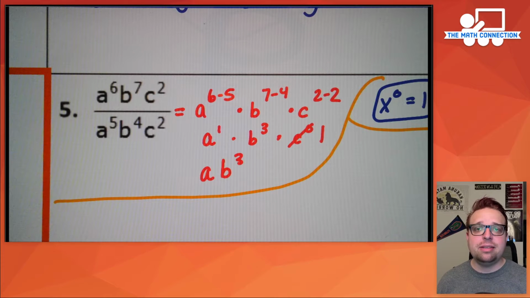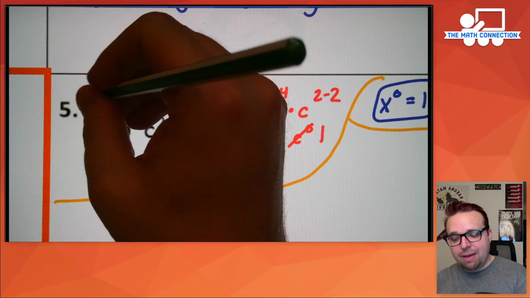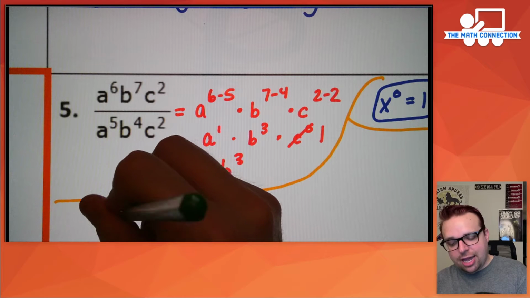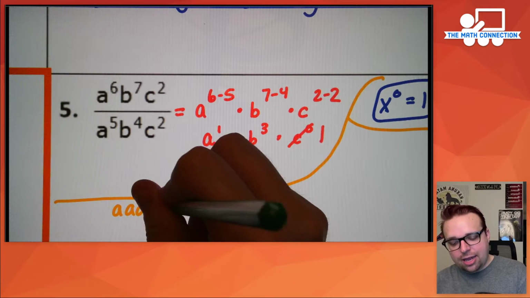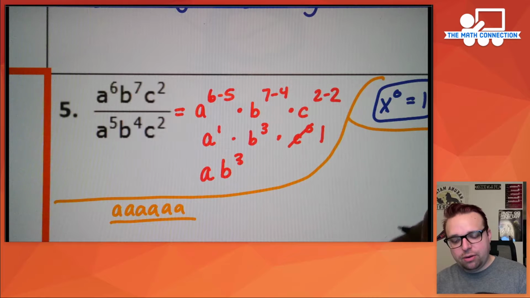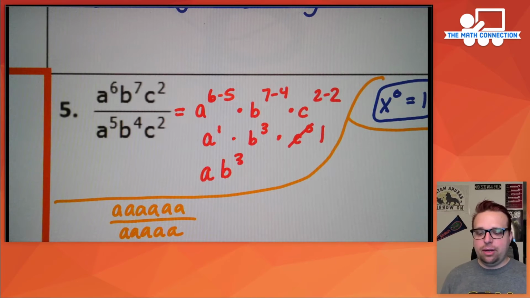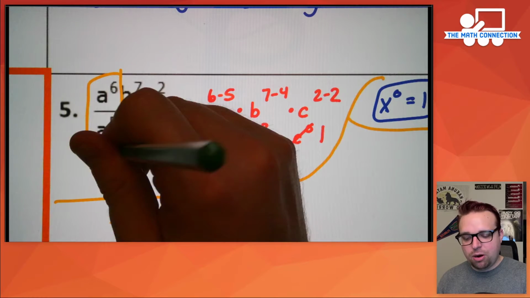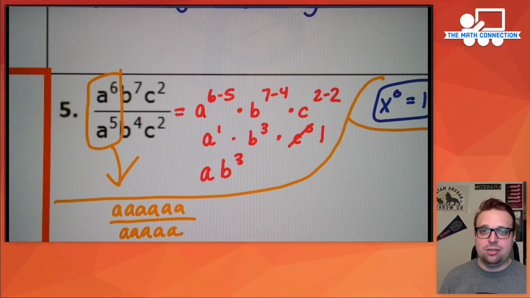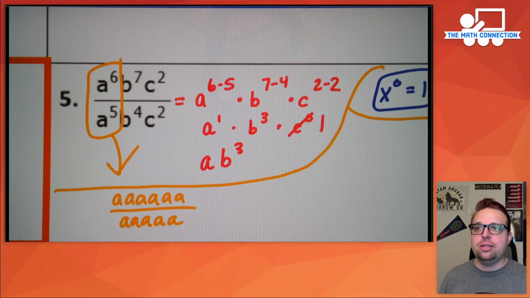It's a times itself 6 times. So that means I have a to the 6th on the numerator and a to the 5th on the denominator. This is just the a part right now, okay? You could do it with the b's and c's also, but this is just a visual representation.